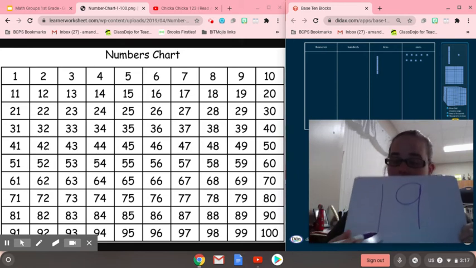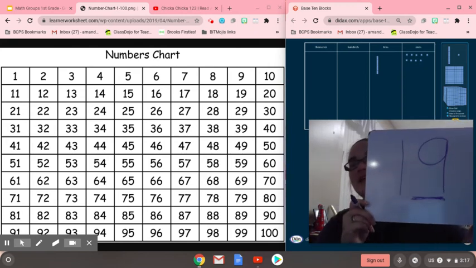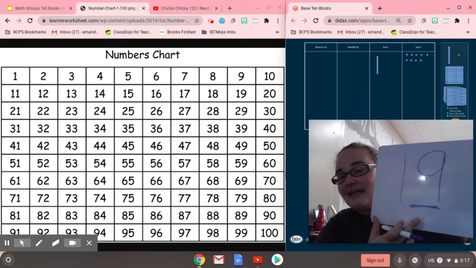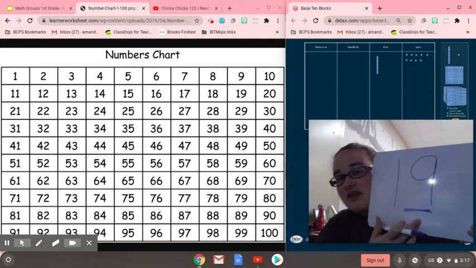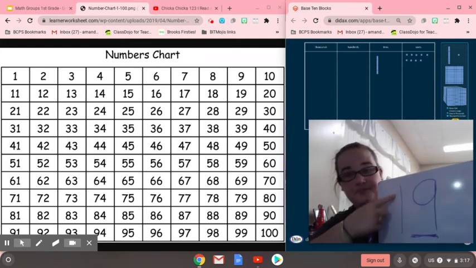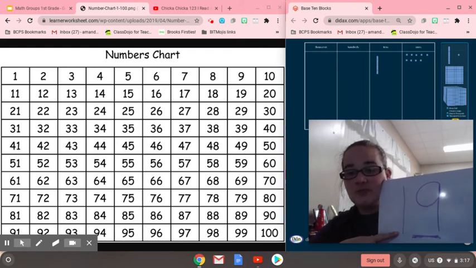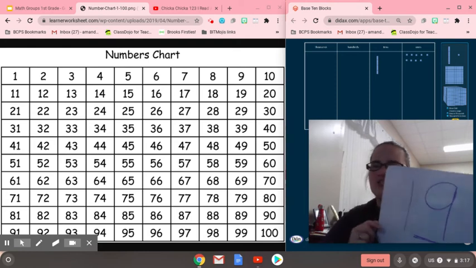The small blocks, the ones that are in my ones place right here, still stayed 9. See that? There's still 9 blocks there. The only thing that changed is Miss Neal put a 10 in the tens place. How many tens did Miss Neal just put in the tens place? Only 1.